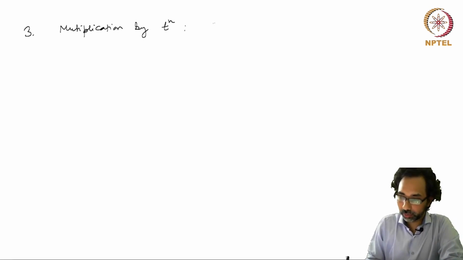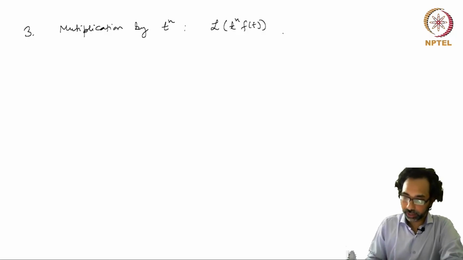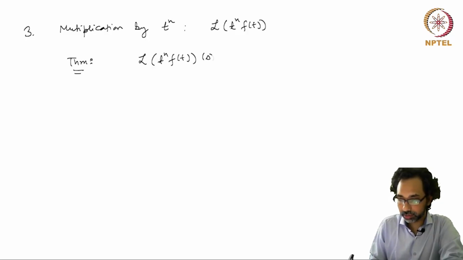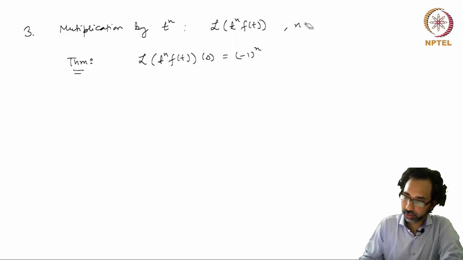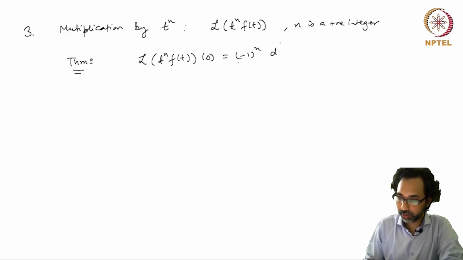We try to compute the Laplace transform of t^n f(t) in terms of the Laplace transform of f(t) itself, and the theorem here states that the Laplace transform of t^n f(t) at s is (-1)^n, where n is a positive integer, times the nth derivative d^n/ds^n of F(s).